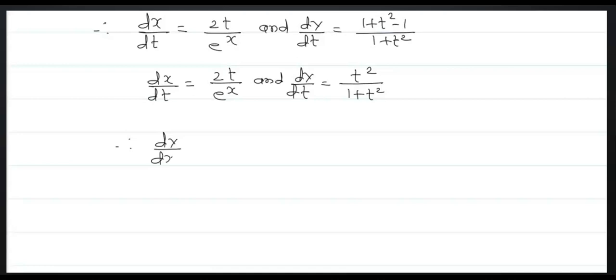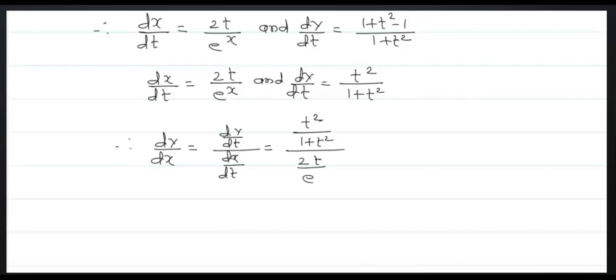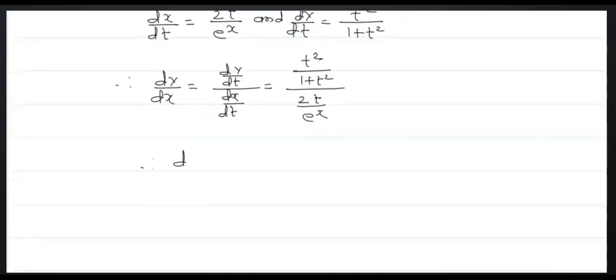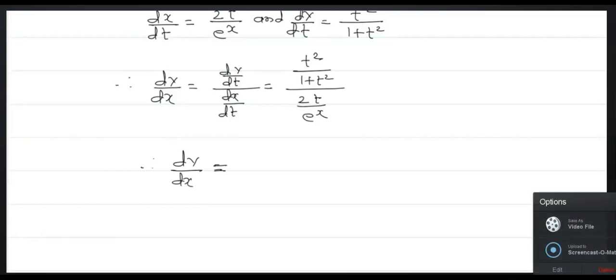Therefore, dy by dx is equal to dy by dt upon dx upon dt, and that is equal to t square upon 1 plus t square upon 2t upon e raised to x. And therefore, after simplification, you will get dy by dx is equal to t square upon 1 plus t square into e raised to x upon 2t.